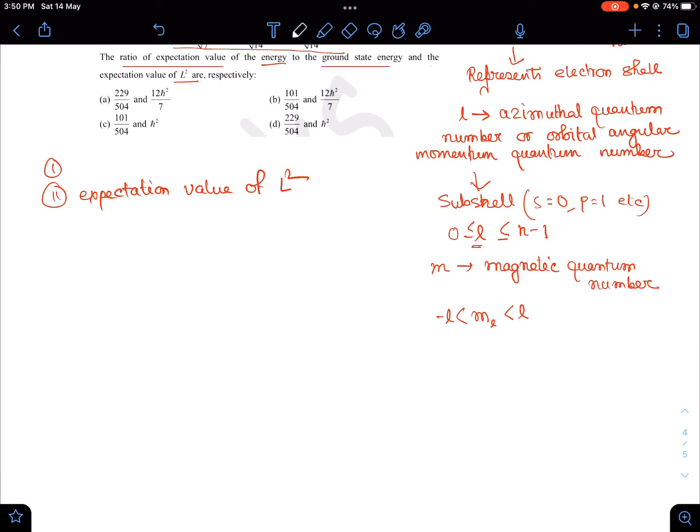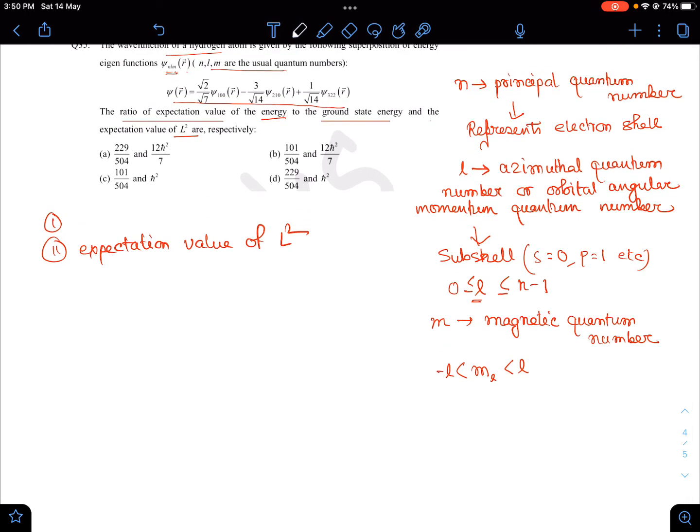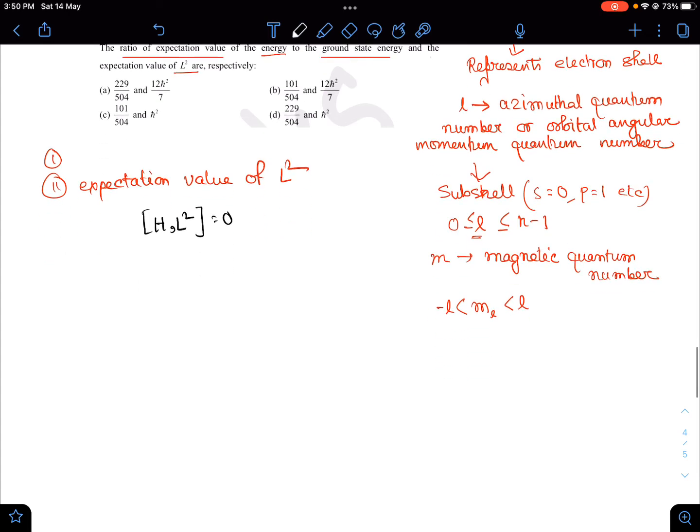Okay, so we know that the Hamiltonian and L square commute for the hydrogen atom. That means they have the same eigenstates.